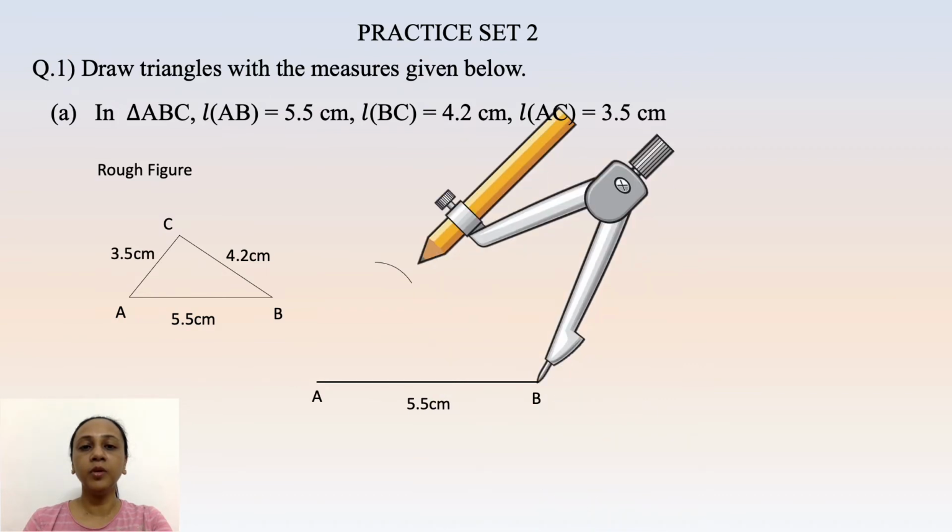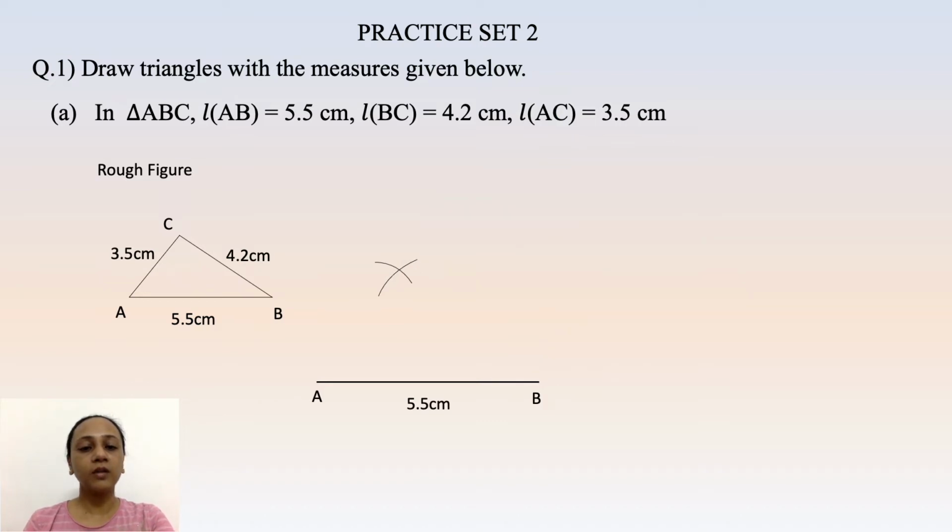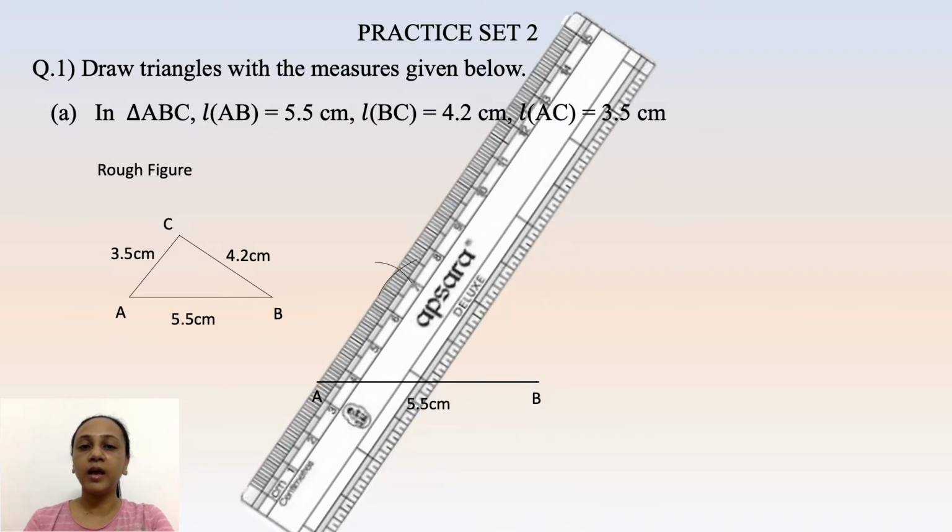Place the metal pointer of the compass on point B and draw an arc to cut the previous arc. Both arcs are intersecting. Give the name to the intersection point as C.